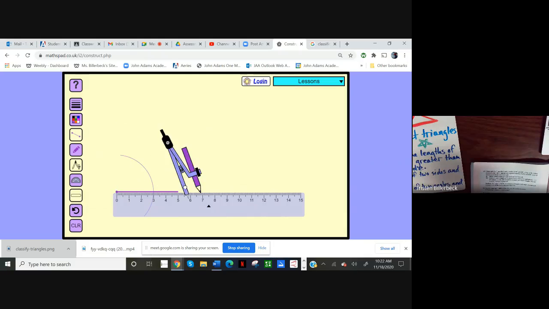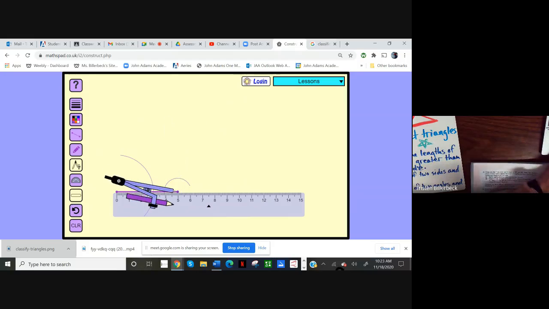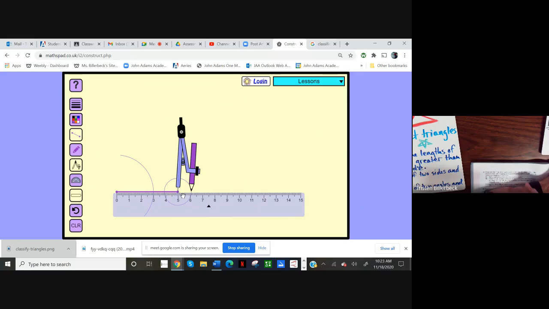And I'll move this around here. Well, we can see that if we rotate this, it never meets the other one. So we can't possibly connect them at the intersection, because 3 plus something that's less than 2 is not going to equal 5, so we can't make a triangle. So the two sides have to add up to be more.